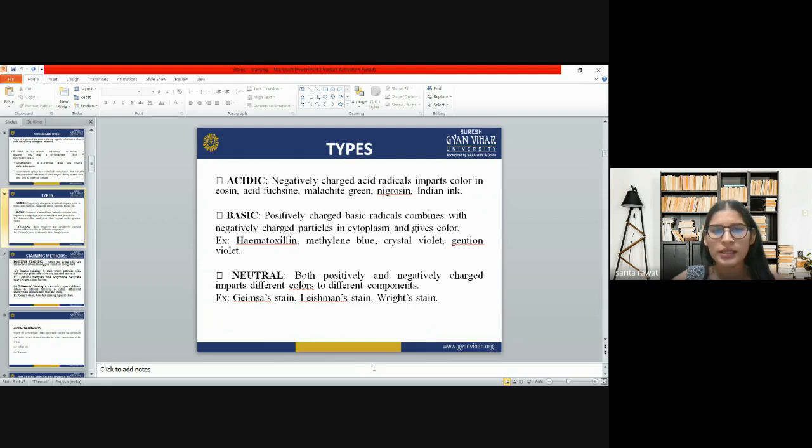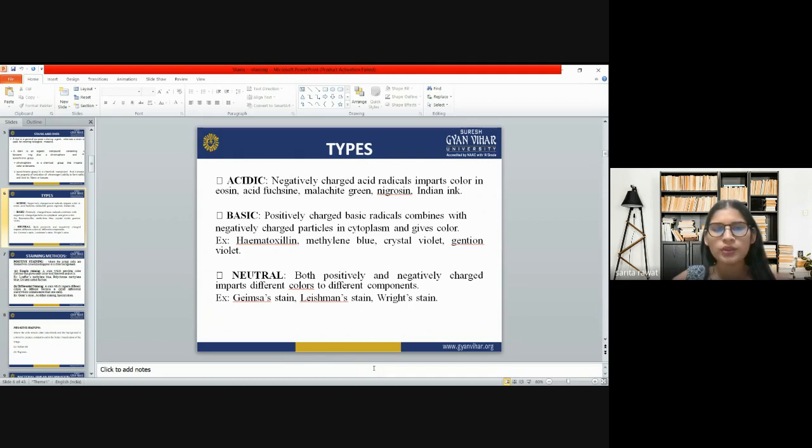Now we have basic dyes. Basic dyes are positively charged basic radicals that combine with the negatively charged particles in the cytoplasm and give color. For example, we have methylene blue. This is a very basic dye we use in our day-to-day laboratory practices. Then we have crystal violet and gentian violet.